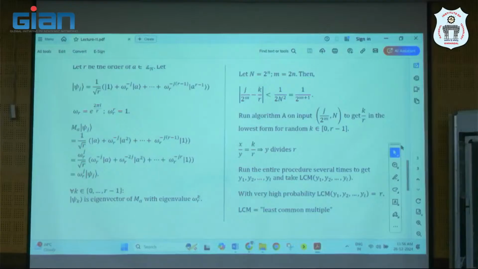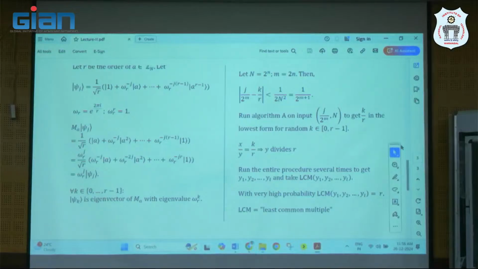But remember what was our fact telling us? That there is a unique approximation x over y, correct? But k over r is already this close to it, no? Remember j over 2 to the m was very close to k over r, correct? That we already know.